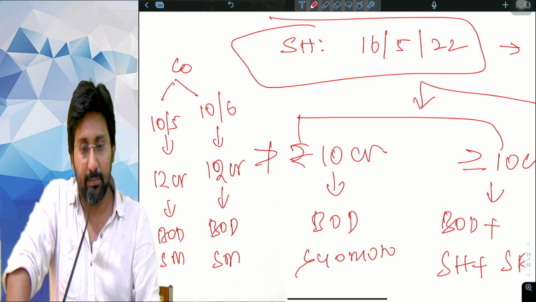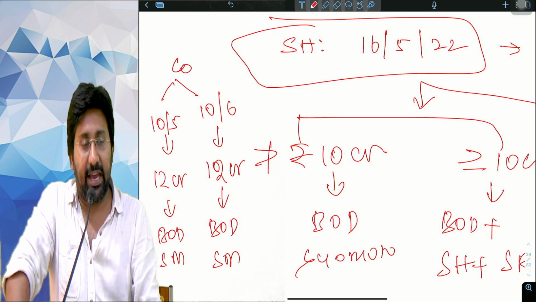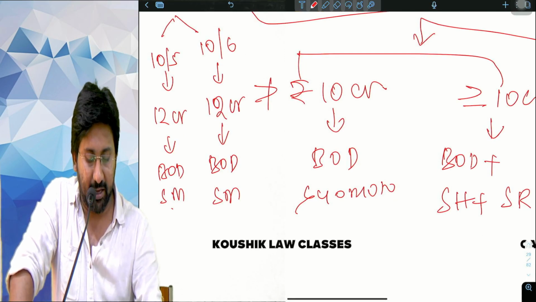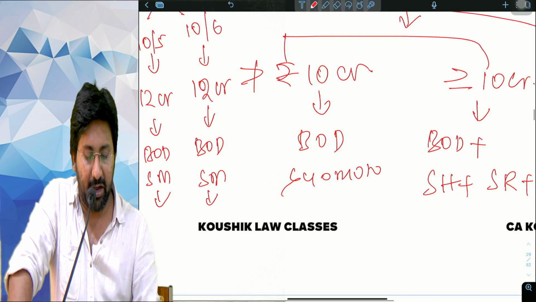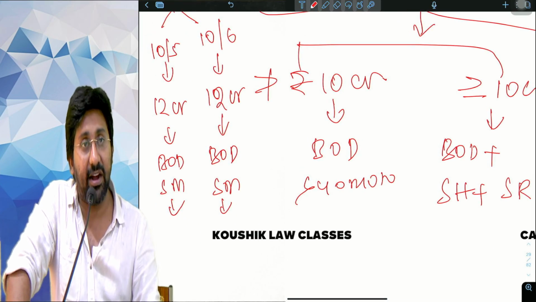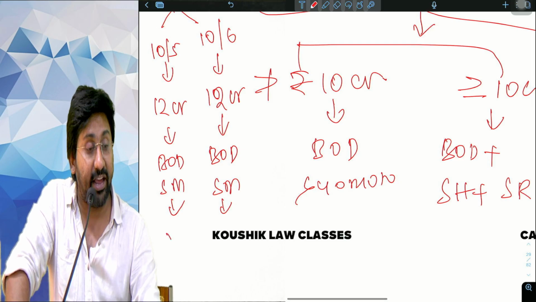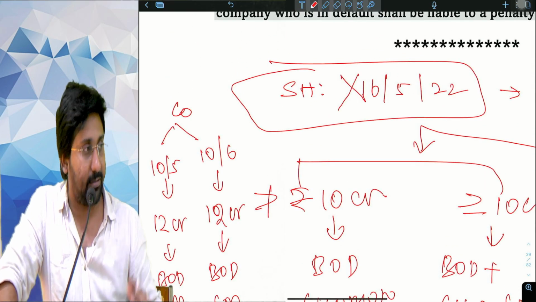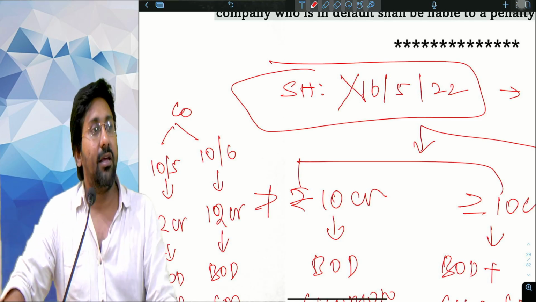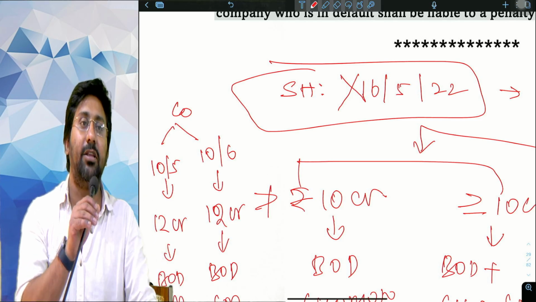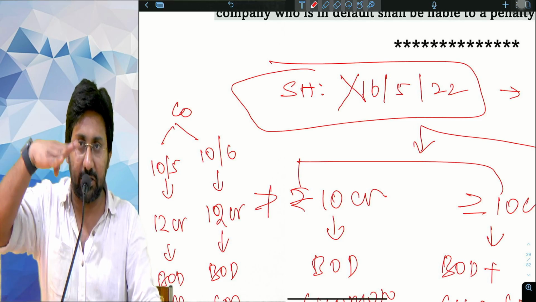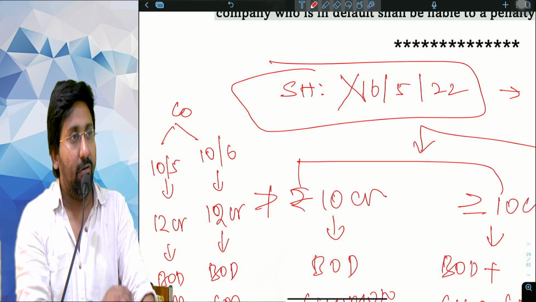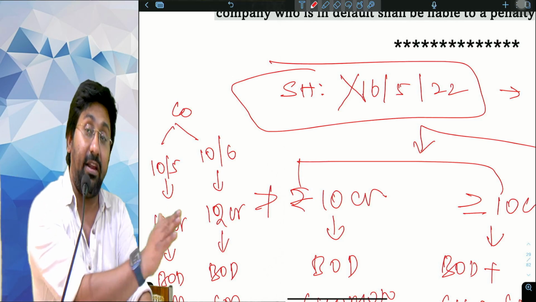Answer this. Tell me, first case: borrowings made on 10/5, 12 crores, board suo moto, is it valid borrowing or invalid? These are perfectly valid because as on that date, the resolution is not passed. That means resolutions passed by the shareholders putting restrictions on the limits of the board, regulations made by the shareholders, will take effect prospectively or retrospectively?